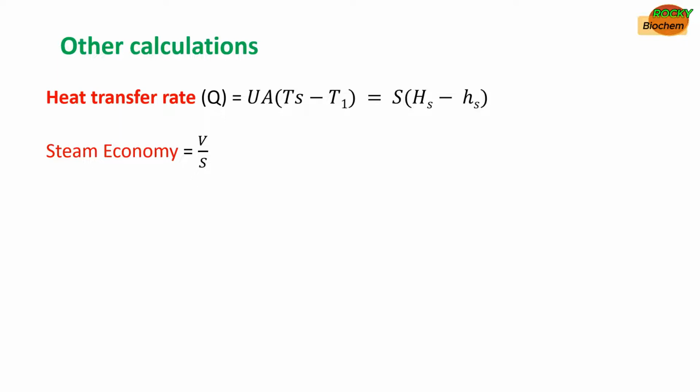This measures the performance of your single effect evaporator system. You don't need to get a value that is greater than 1. When you get values greater than 1, it means that you are wasting the steam. You need to get a very low ratio to show that indeed you are efficiently using steam for the production of your products. Now let's try this worked example.